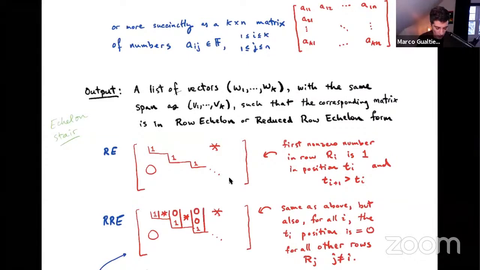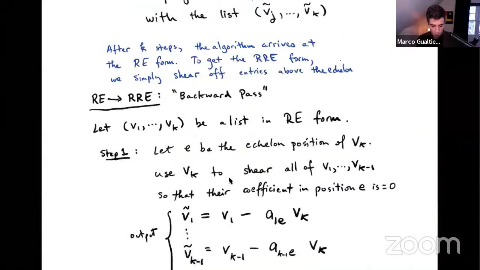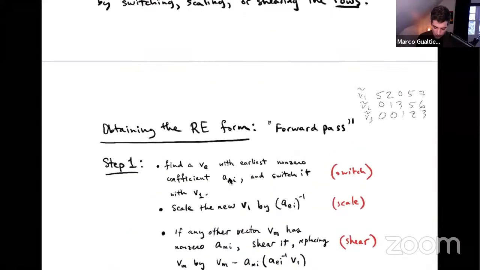But I don't want the leading coefficient to be 5. I want it to be 1. So I need to scale that row. So what I'm going to do now is scale this by 1/5. And I'm going to get 1, 2/5, 0, 1, 7/5.